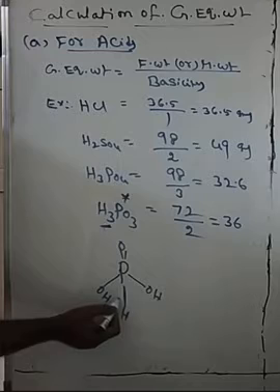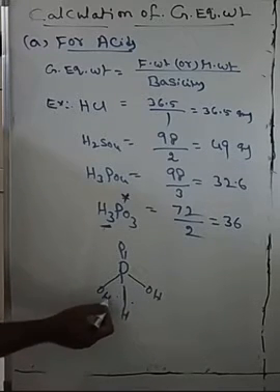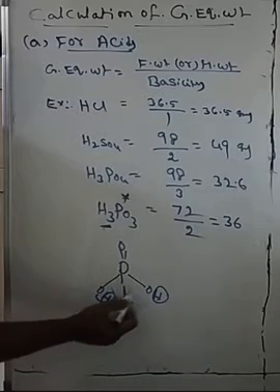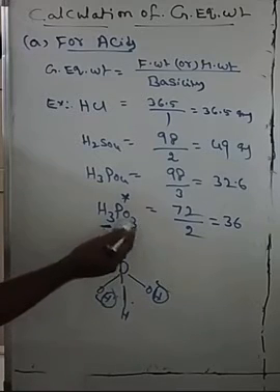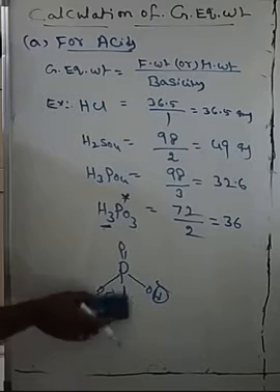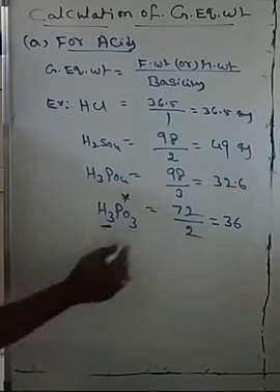So this hydrogen is very difficult to remove. Whereas the remaining 2 hydrogen atoms, this one and this one, can be easily replaced. That's why phosphorus acid is a dibasic acid but not a tribasic acid.